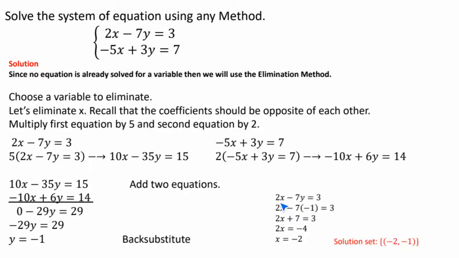So I get 2x minus 7 times y, y is -1, is equal to 3. So 2x plus 7 is equal to 3. And then subtract 7 on both sides. So we end up with 2x equals -4, divided by 2, x is equal to -2. So my solution is -2 and -1.